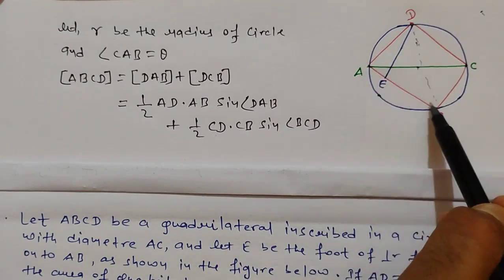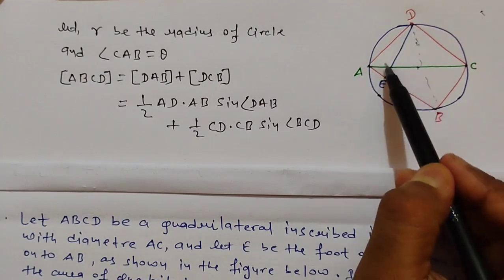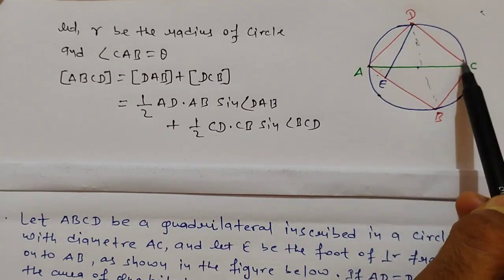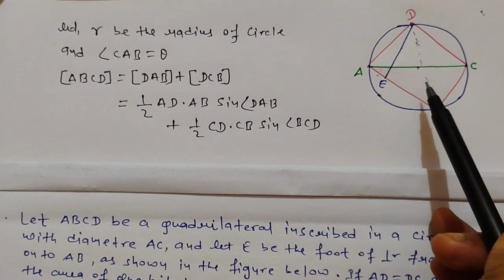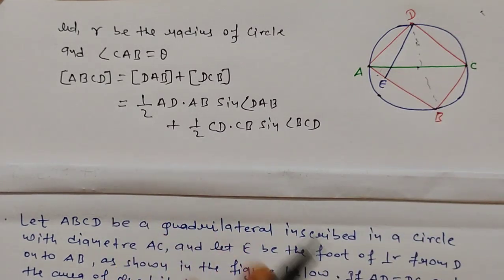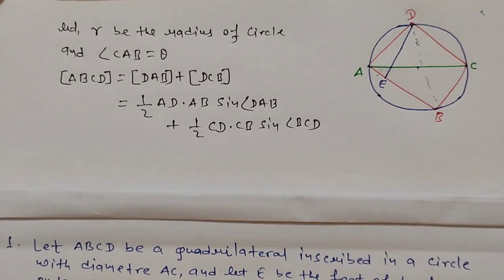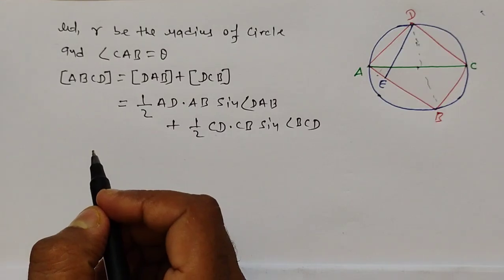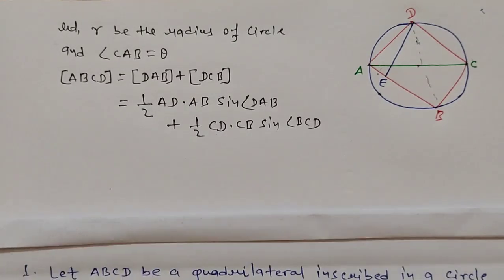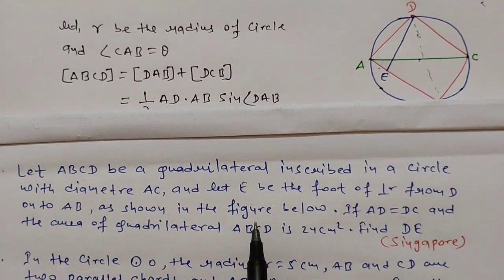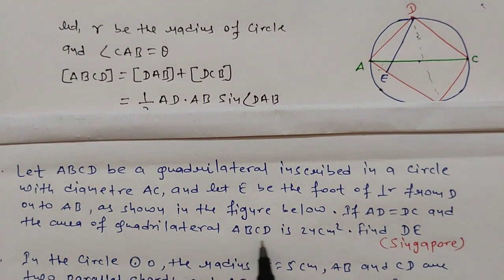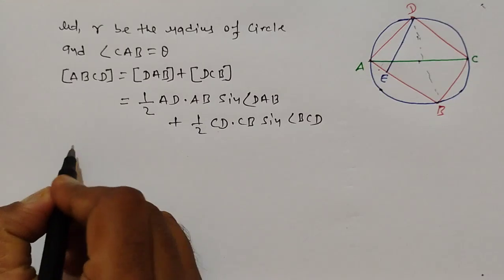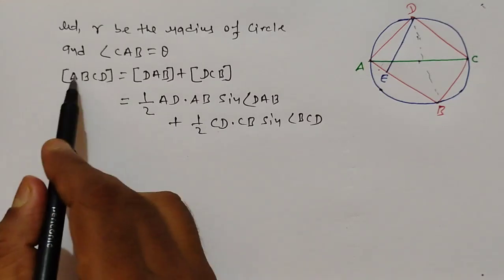Here this area will be half AD AB sine of this angle, and half of DC CB and sine of this angle. So now this is also given that the area of the quadrilateral ABCD is 24 centimeter square. So now we can put this value here instead of area of ABCD.